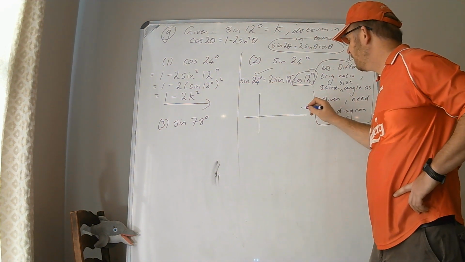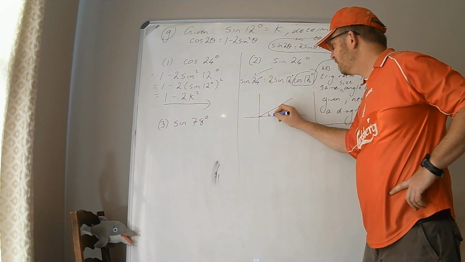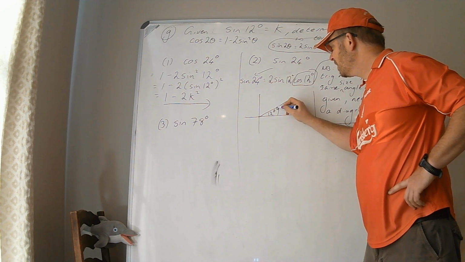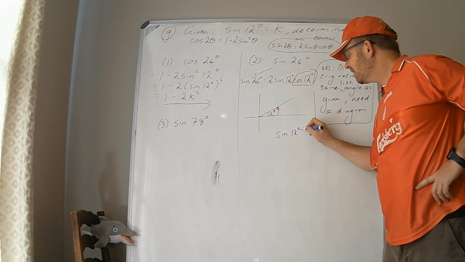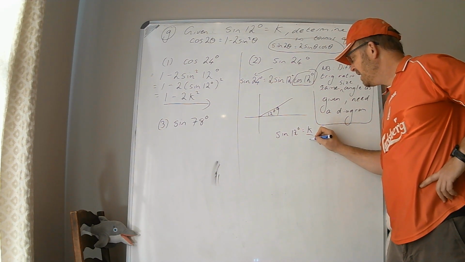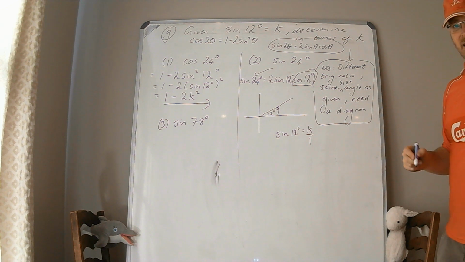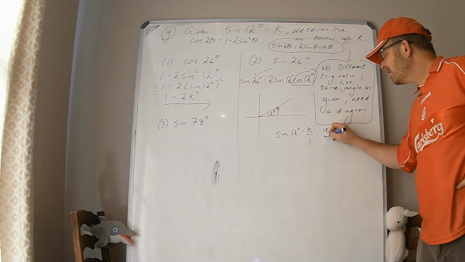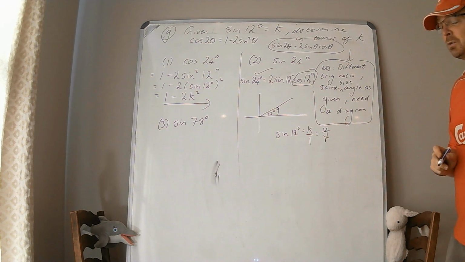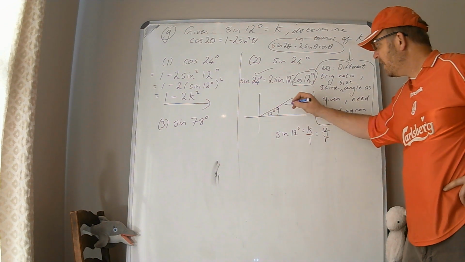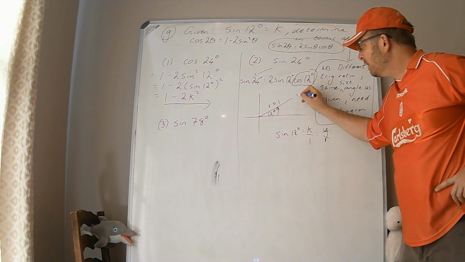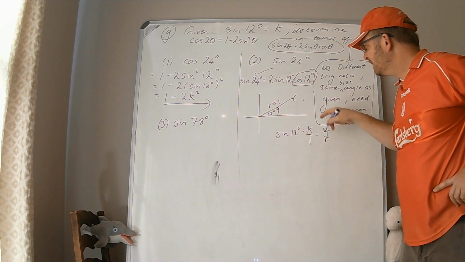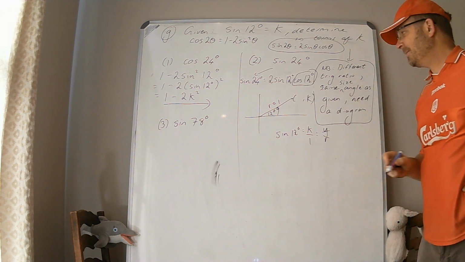So all I do is I say, right, I've got an angle of 12 degrees. I know that sine of 12 degrees is equal to k, which means k over 1. So we know that for 12 degrees, if the radius is equal to 1, then we can say that the y-coordinate is k.